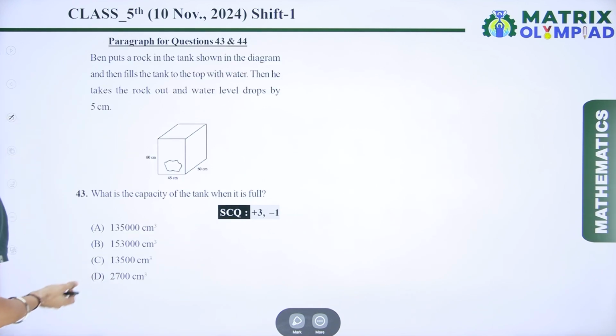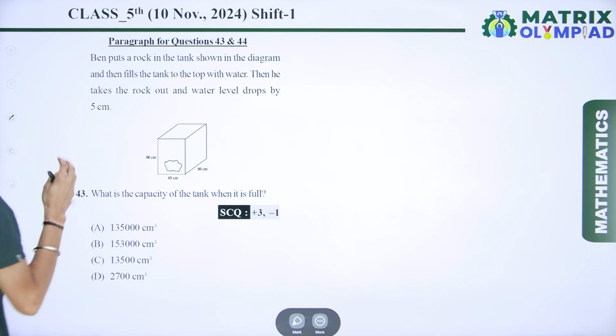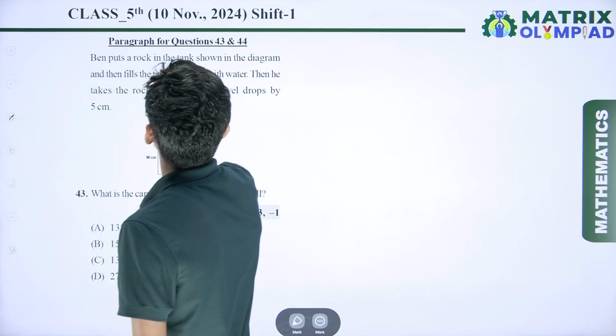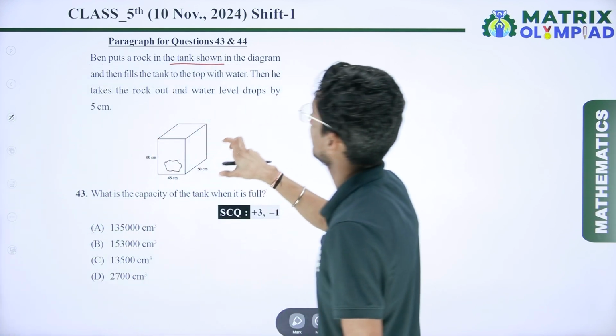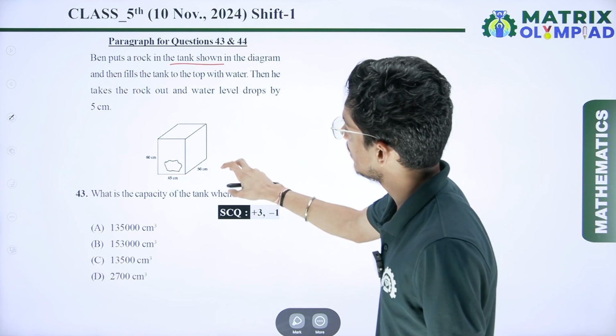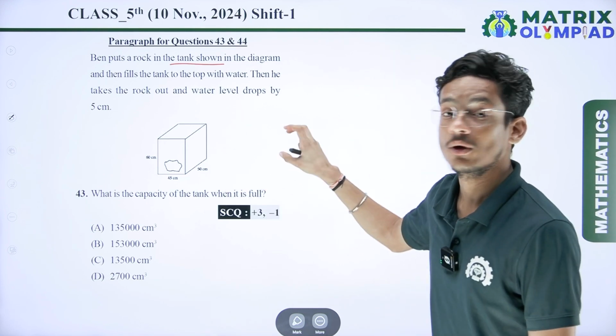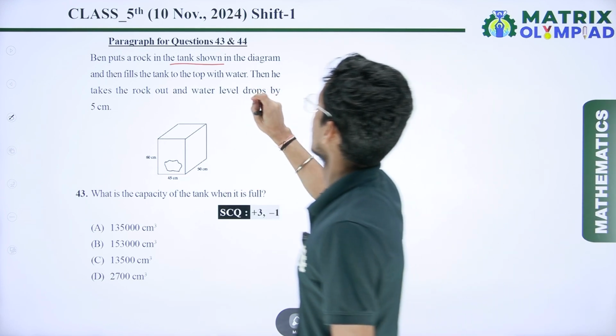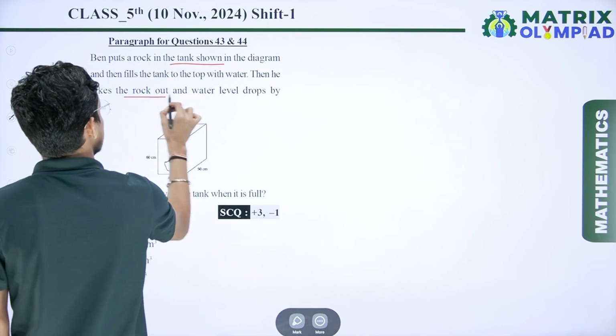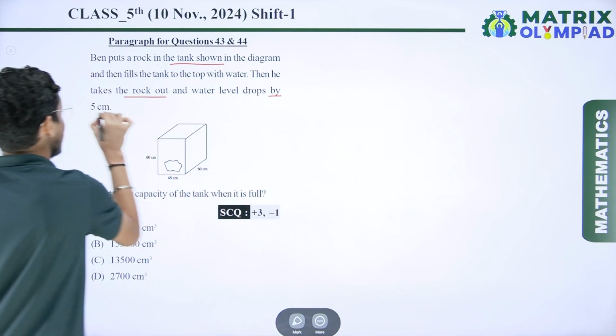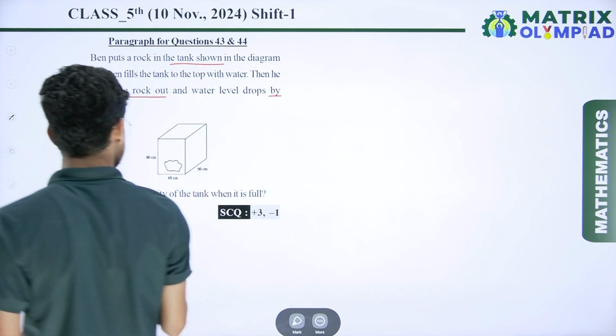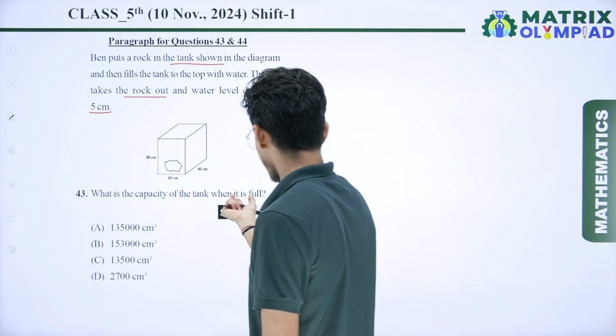Now the next question, which is based on a paragraph. The paragraph says Ben puts a rock in the tank shown in the diagram and then fills the tank to the top with water. Then he takes the rock out and the water level dropped by 5 centimeters. The question is what is the capacity of the tank when it is full?